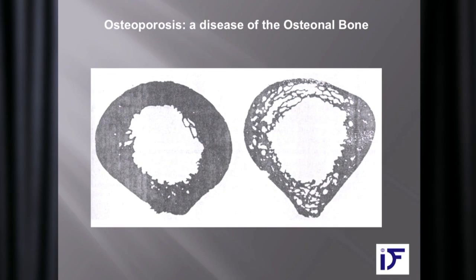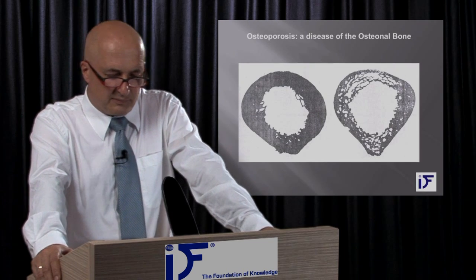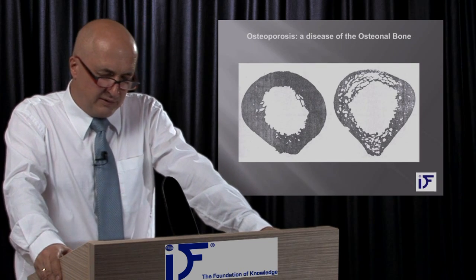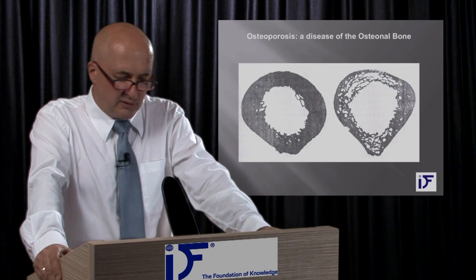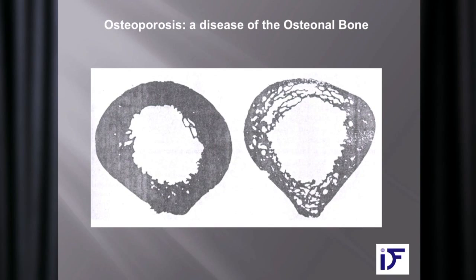Now, having said all this about osteonal bone, I want to come to an extreme example of osteonal remodeling, and this is osteoporosis. In osteoporotic bone, the resorption is stronger than the new build-up of the bone. As you can see on this picture, on the left side there's almost no osteoporosis visible. On the right side, there's a lot of osteoporosis visible.